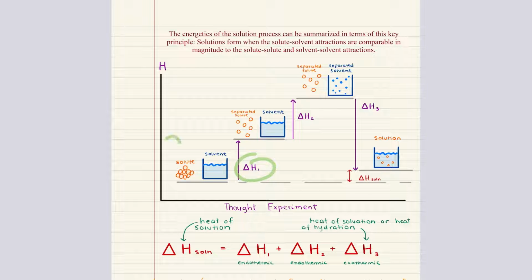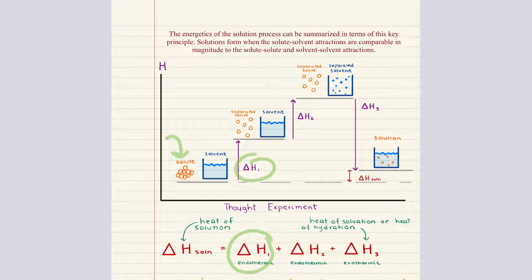So for example, in potassium chloride, ionic bonds hold the potassium cations and chloride anions together. To dissolve potassium chloride in water, we have to first overcome these solute-solute attractions by breaking these ionic bonds. And this requires energy. So for this first step, it's going to be endothermic, and I'm going to denote that change in enthalpy as delta H1.